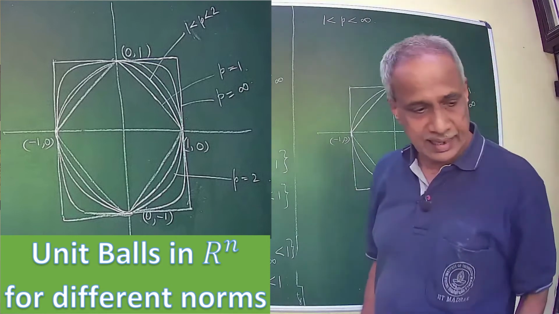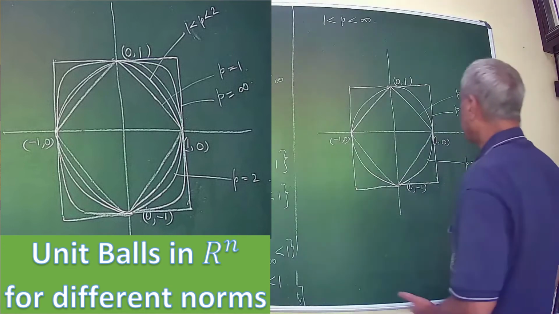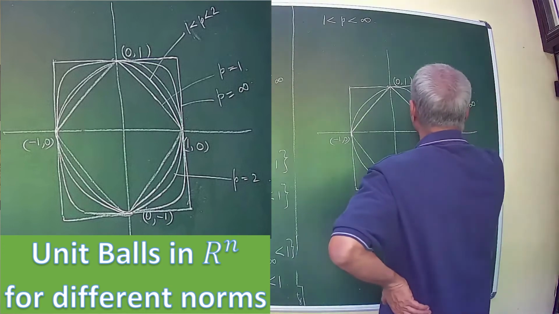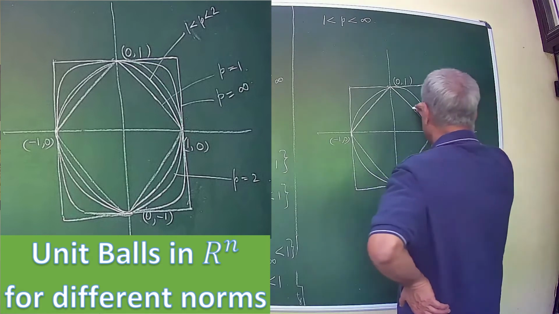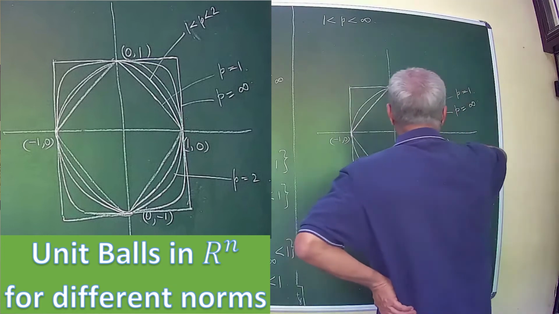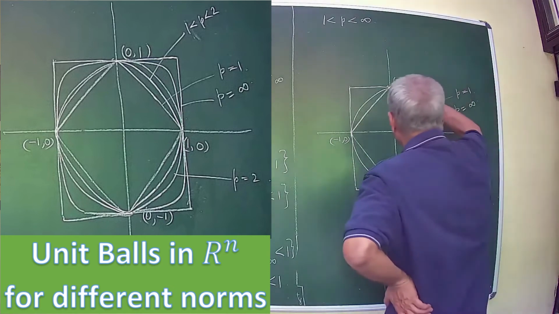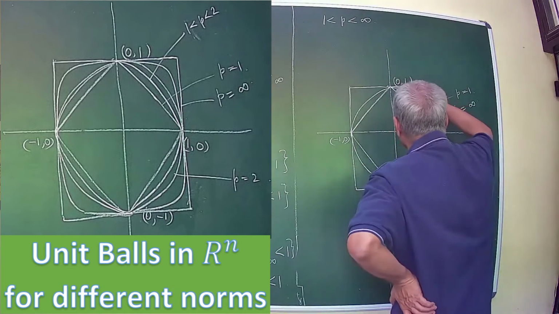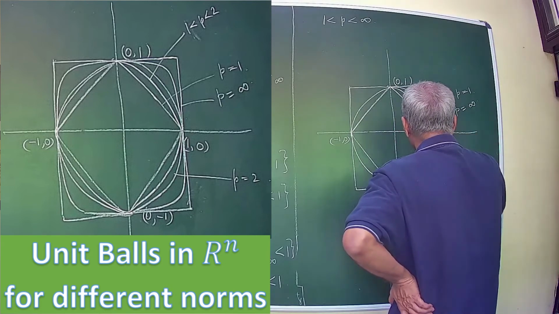Now you can see that all of these are lying between these two lines. Okay. And when p lies between 1 and 2, the unit circle is something like this.